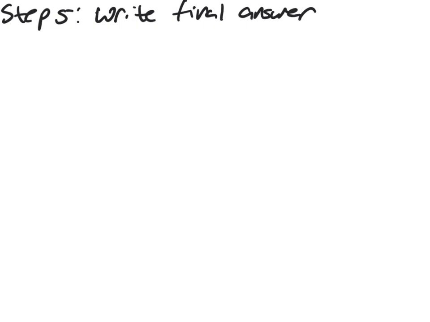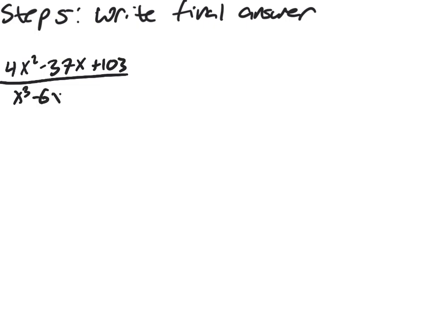So now we know that if we have the rational expression 4x squared minus 37x plus 103, all divided by that cubic that we had, x cubed minus 6x squared plus 3x plus 10, we can break that up into the partial fractions of negative 5 divided by x minus 2.